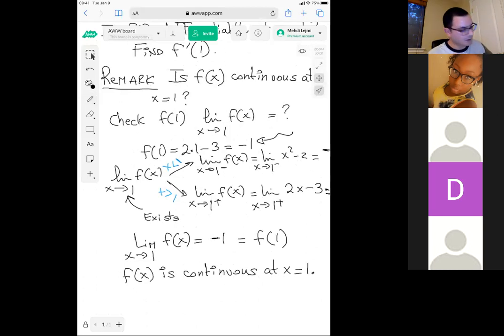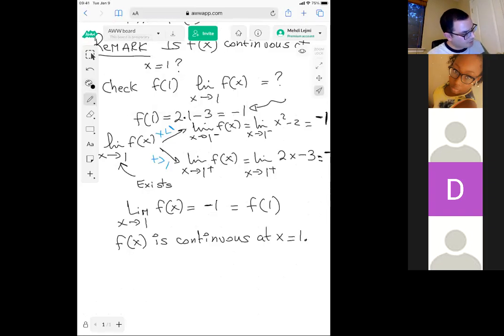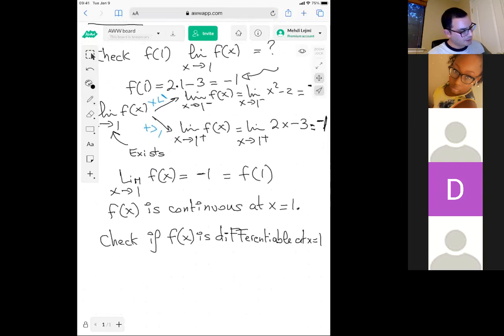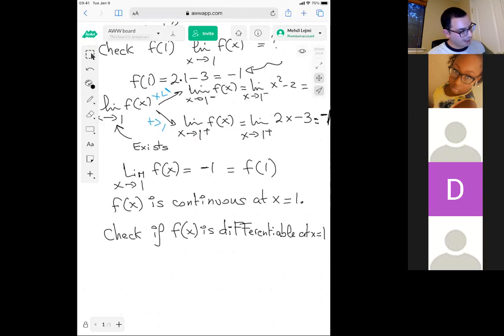Now let's check if f of x is differentiable at 1. All you have to do is to compute the number m. If the number m exists, then you're good, then f is differentiable.